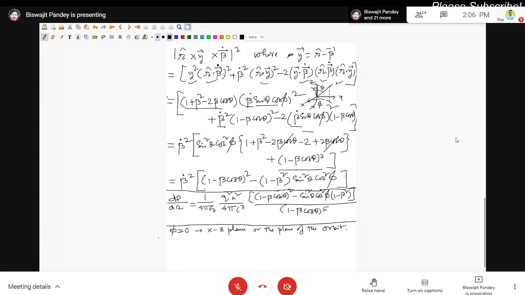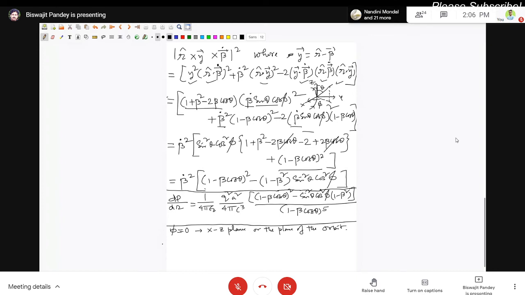So dP by d omega, what should be the expression for dP by d omega in that case? In that case, straightforward, if I assume phi to be 0, then simply cos phi will be simply 1.